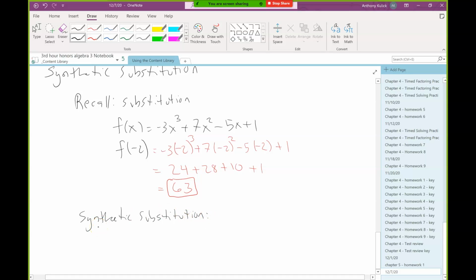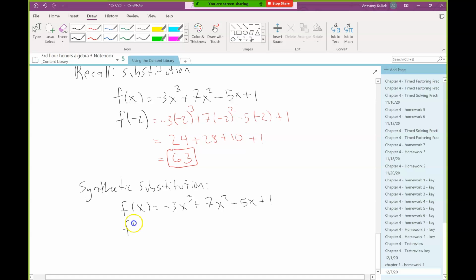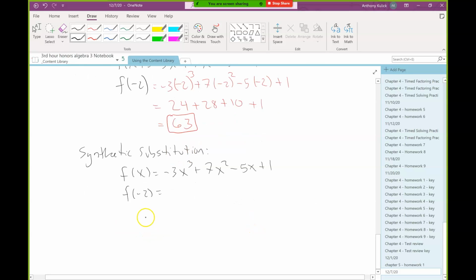So synthetic substitution is a process that will accomplish the same thing. Just a different way of doing this. So the way we set up the synthetic substitution is we start by making this like little L bracket here.